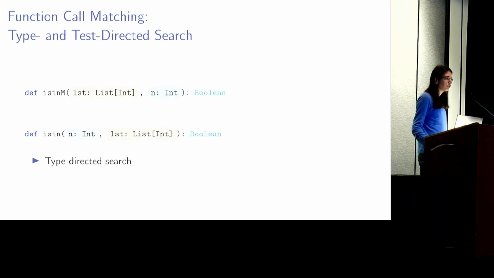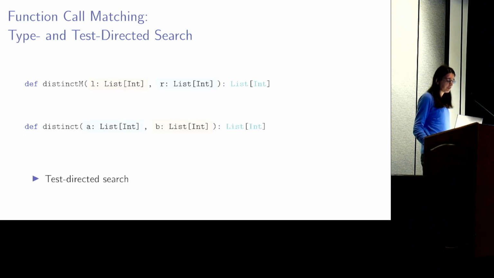Types are also useful to align arguments across two functions. If they don't appear in the same order, you can use types to restore the order. Sometimes we are not that lucky, and types don't quite identify our match or don't help us fully align the arguments. Here, for example, all the types in both functions are a list of int. And so when types don't fully help, we also use tests.